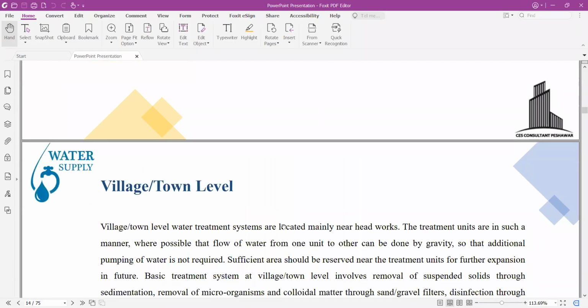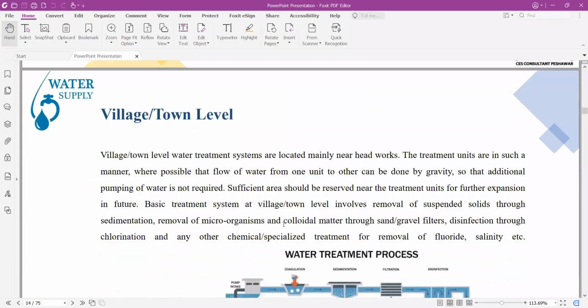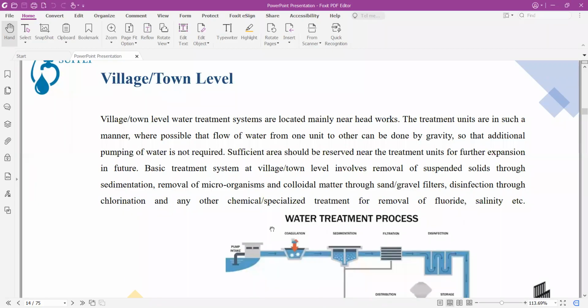Water treatment. So water treatment is also important to provide if the quality of water is not that good for drinking purposes. So mostly in those cases, the treatment is provided for the water.